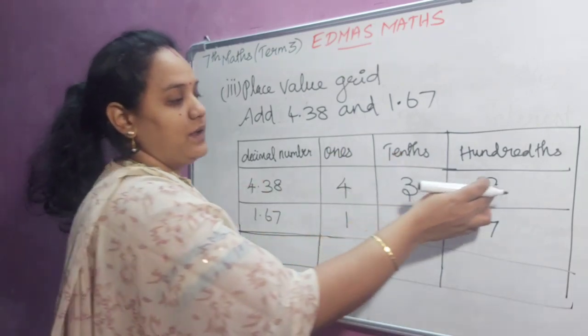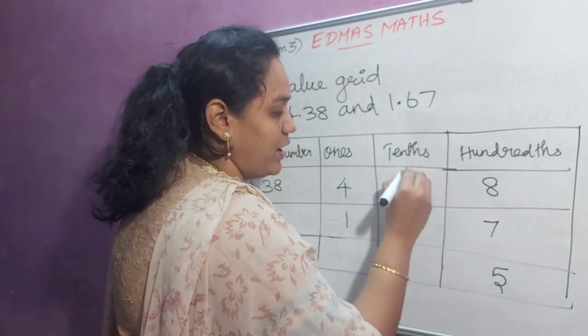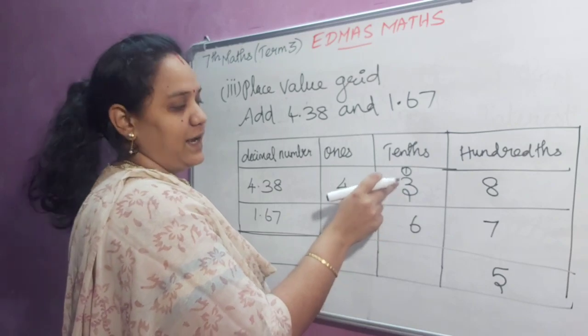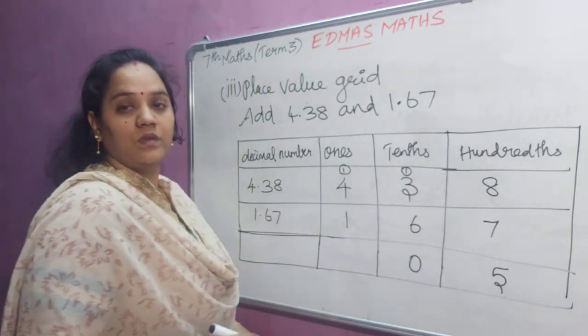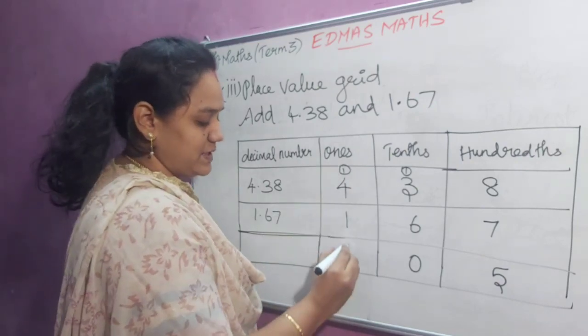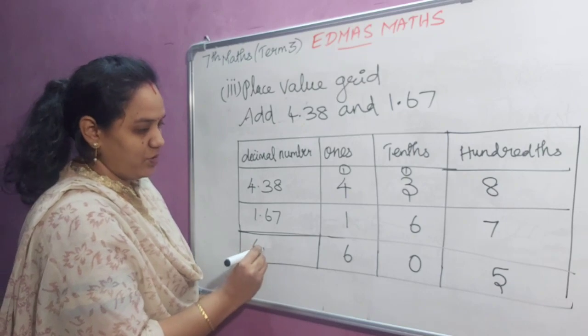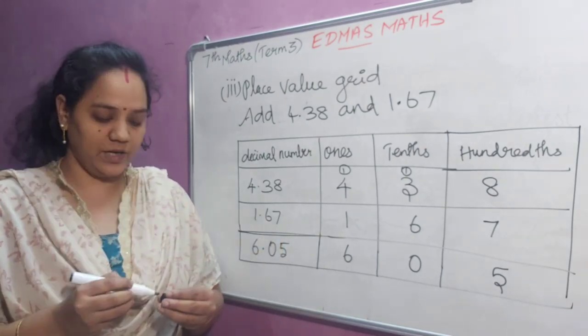Okay. So here 8 plus 7, 15. So 5 here and 1 carry over. Okay. 6 plus 3 is 9, 9 plus 1, 10. So 0, 1. So 4 plus 1, 5, 5 plus 1, 6. So we can write the answer as 6.05. So this is the place value grid method.